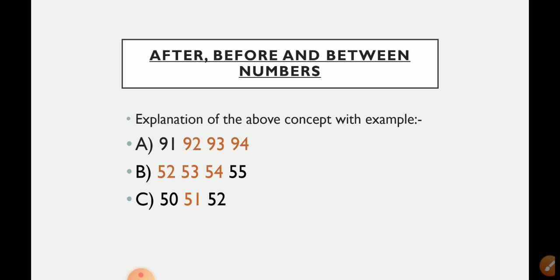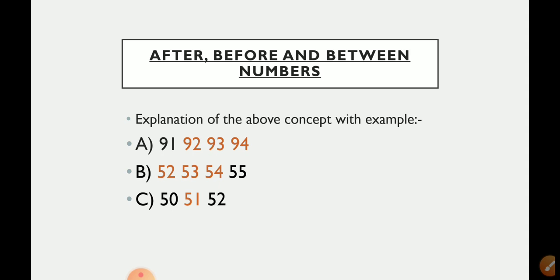Coming to between numbers. Now this, as the word says, is between any two numbers. The color differentiation you can see very well between black and orange. That is 50 and 52. If I have given the question, the blank will be in the between, that is 51. You need to fill that answer 51 for between numbers.